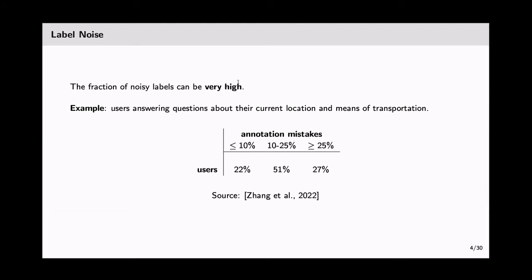And what they discovered in this data set was that most of the users provide 20% wrong answers, and for some users even more, which means that a very big fraction of labels that we get from the user can be wrong.